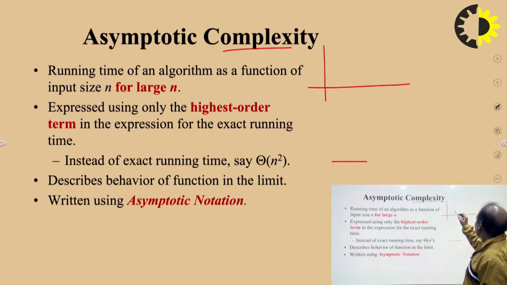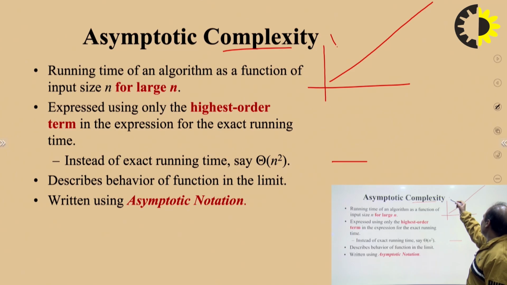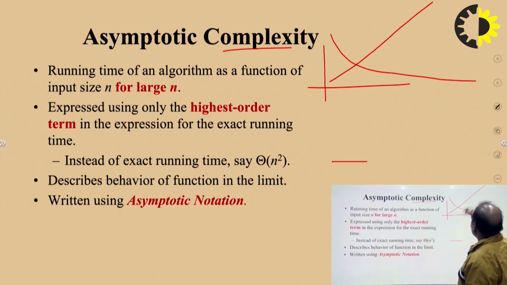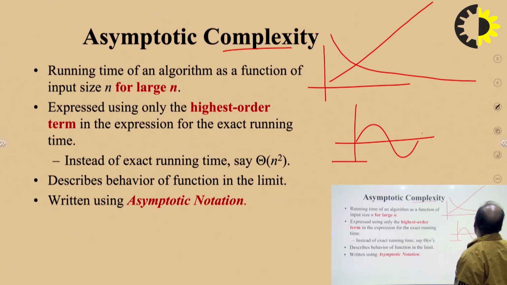If a function starts increasing, it will always keep increasing; it will not decrease. Similarly, if a function starts decreasing, it is always going to decrease; it is not going to increase and decrease. Functions like a sinusoidal or cosinusoidal wave are not going to be categorized as asymptotic.